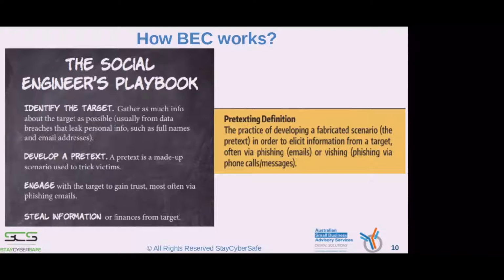Finally, they will steal that information, and information is the same as money, or they will trick that victim into making a payment, for example, if that person is settling payments or invoices or dealing with service providers. So this is how a business email compromise usually works.